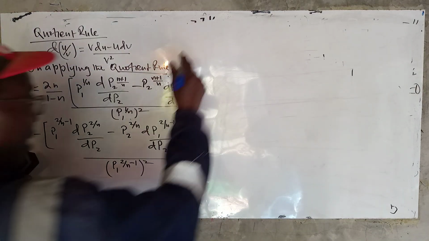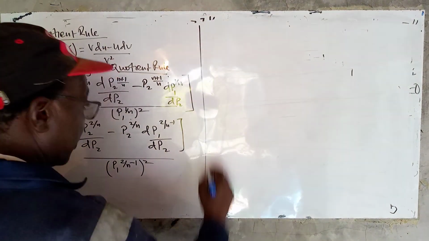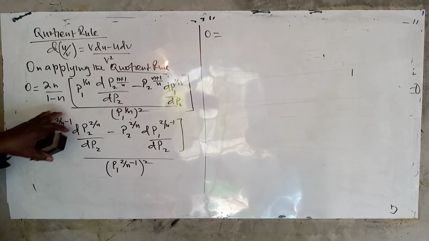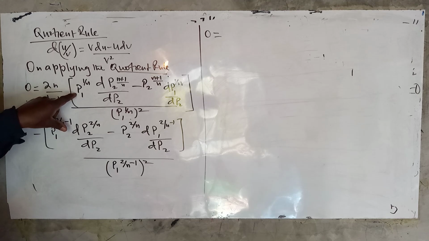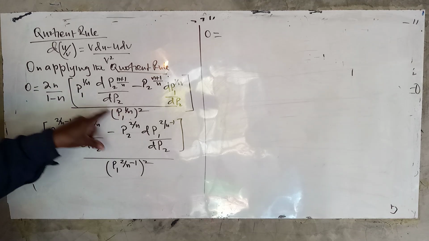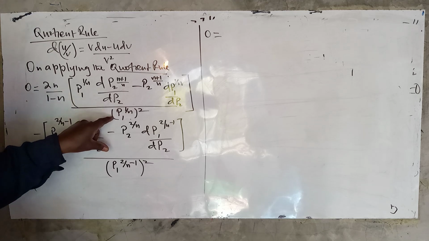And so what are we saying? We are saying that 0. Now, if you look at this particular quantity, that is P1 raised to power 1 over n, P1 raised to power n over n squared, so we can divide that with that. We are left with P1.